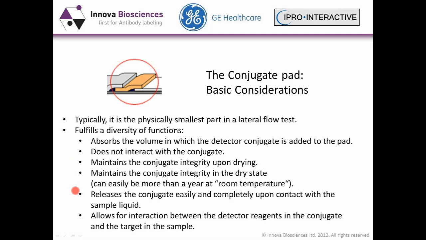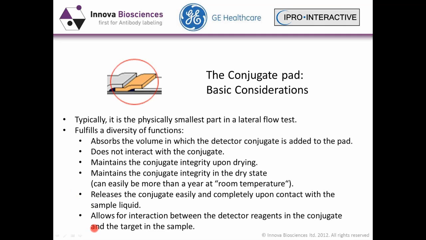And what you then expect is that as soon as the sample liquid enters the conjugate pad, this pad releases the conjugate happily into solution in an active form, and the detector antibody that's conjugated will then interact with your target.